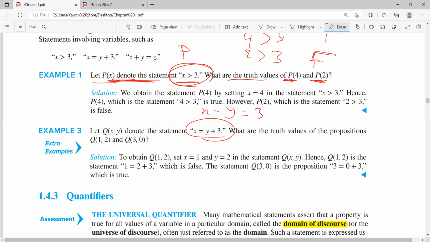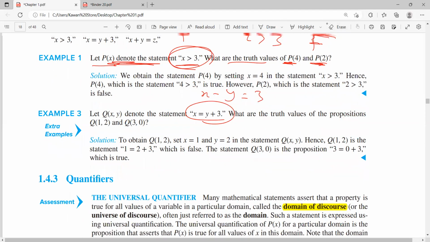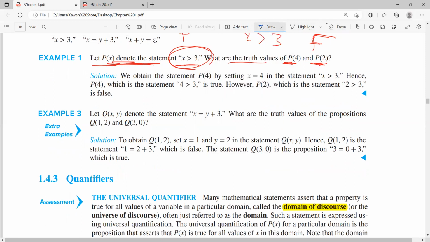So if I have such a statement, like X minus Y equal to 3, and this is your Q, please tell me whether it is true or false. I am going to put in 1 minus 2, which is equal to minus 1.